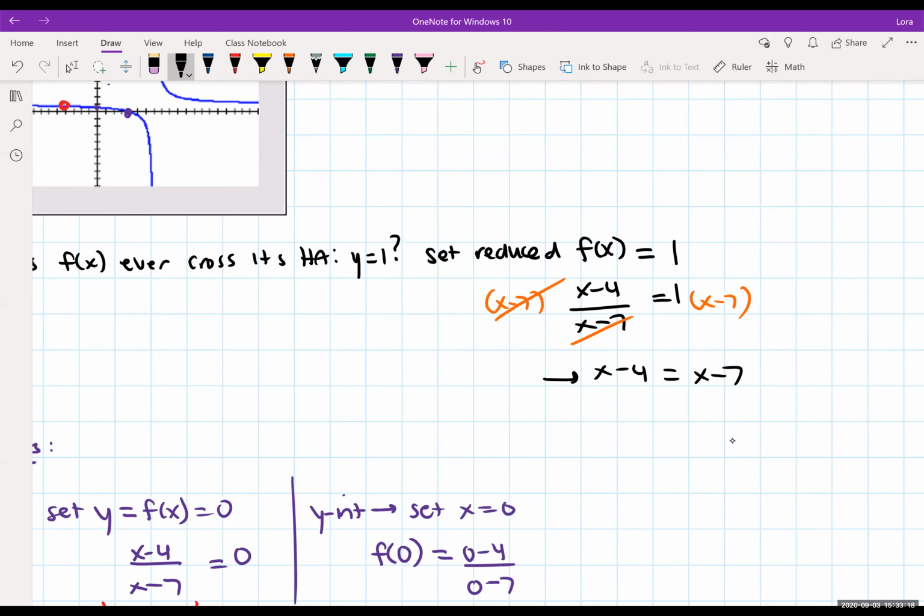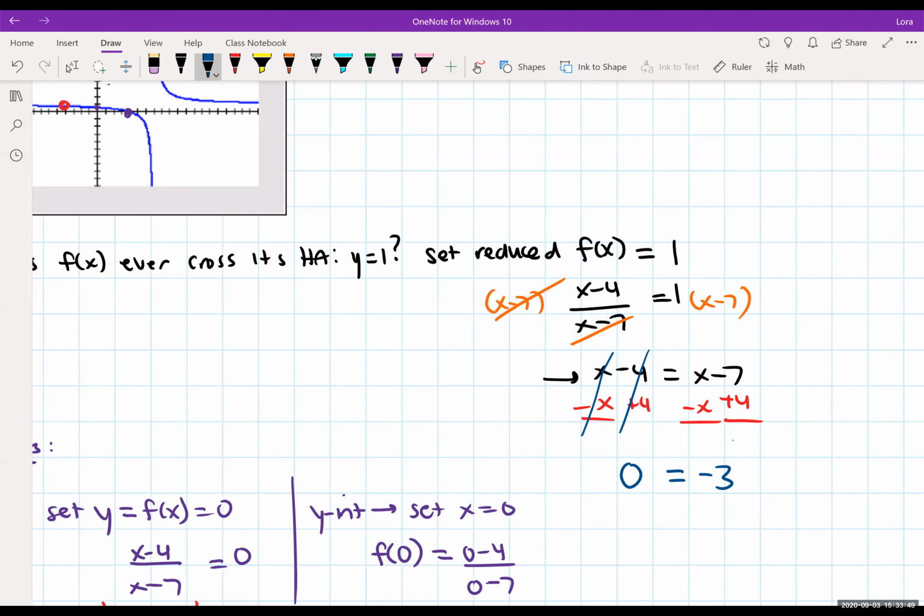It's a linear equation, so let's move all the x's to the left. If we subtract x on one side, and then I add 4 to each side, guess what happens? We get the x's completely canceling out, as well as the 4s. So we get 0 on the left-hand side. And on the right-hand side, we get negative 3.